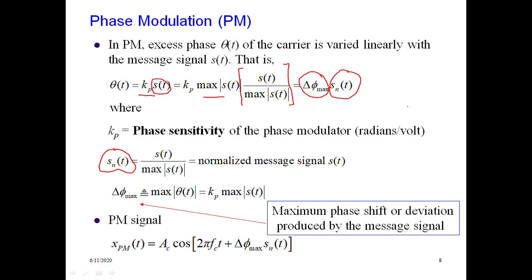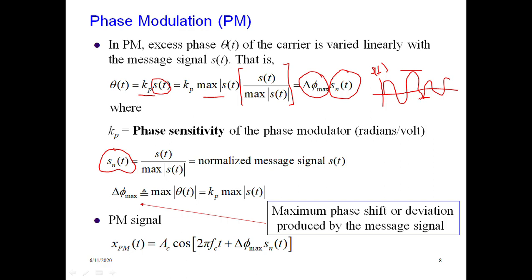What is max s(t)? We always see max s(t) and min s(t), right? For example, we have a mixture of signals. The maximum s(t) is the maximum value of the signal, so let's say this is the s(t) signal, and the minimum s(t) will be the values at the minimum.